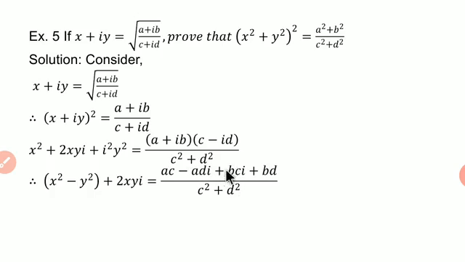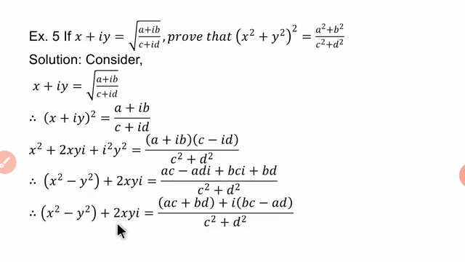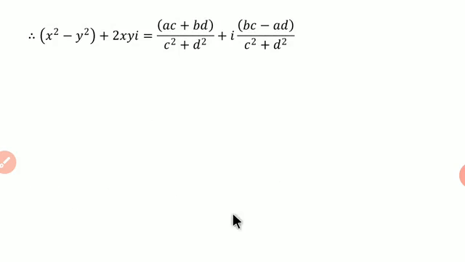Now write the real part and imaginary part separately in the numerator, and so we get x square minus y square plus 2xyi is equal to (ac plus bd plus i multiplied by (bc minus ad)) whole divided by c square plus d square. Again separating the real and imaginary parts, we get x square minus y square plus 2xyi is equal to (ac plus bd) upon (c square plus d square) plus i into (bc minus ad) upon (c square plus d square).